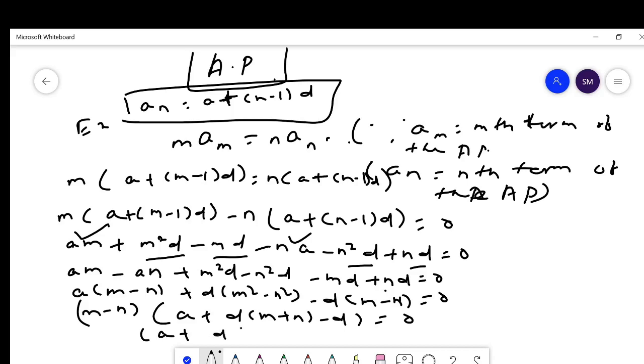Taking d common, a plus m plus n minus 1 into d is equal to 0, which shows that the m plus nth term is equal to 0.